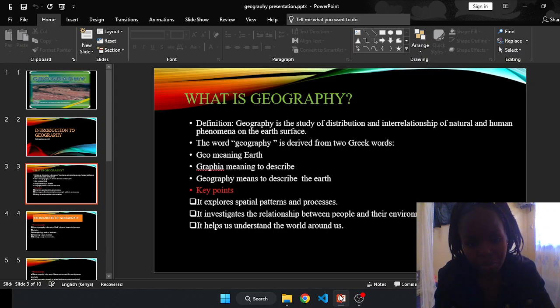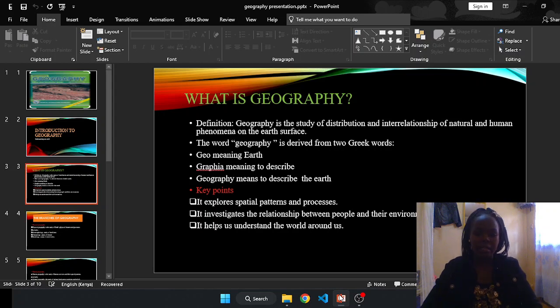So it investigates the relationship between people and the environment. It helps us to understand the world around us, things that are going on in the world. Geography is the one that helps us to understand those things.